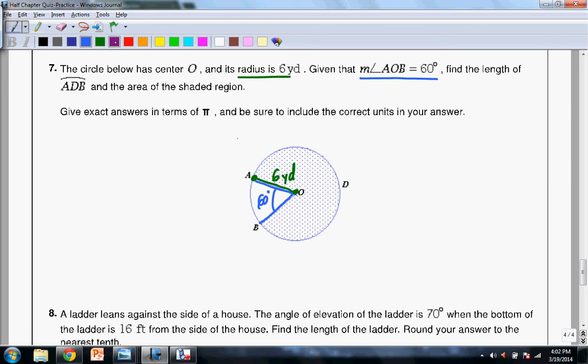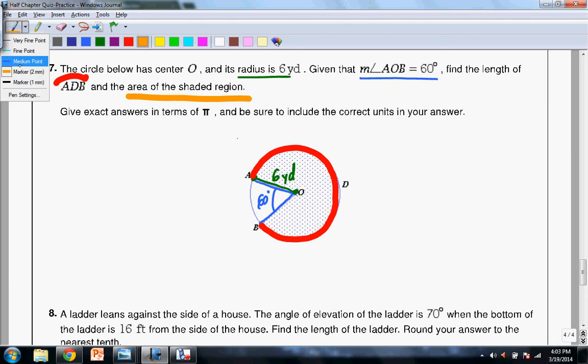We want to find the length of the arc ADB, and we want to find the area of the shaded region, which is this. We're going to give the terms in exact pi.